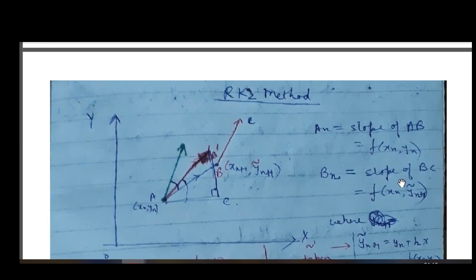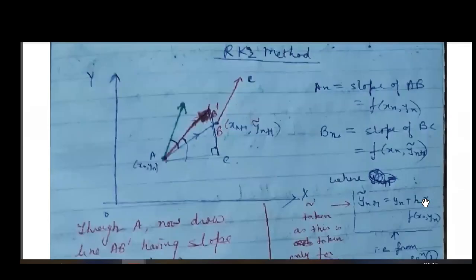So first I draw this, then from B I draw another line segment having slope f of xn plus 1 and yn plus 1 tilde. Then what we do, through A I draw a line segment which is parallel to BC.